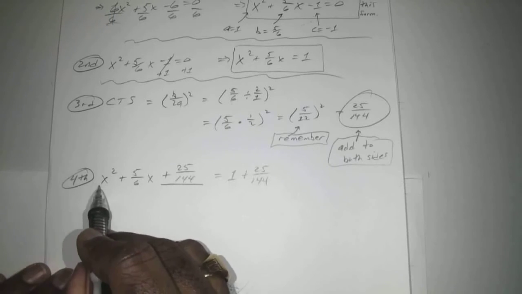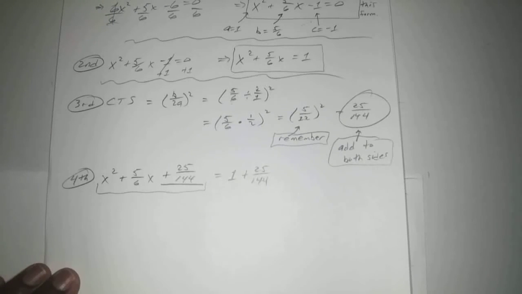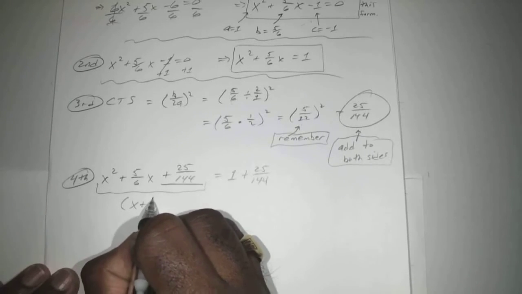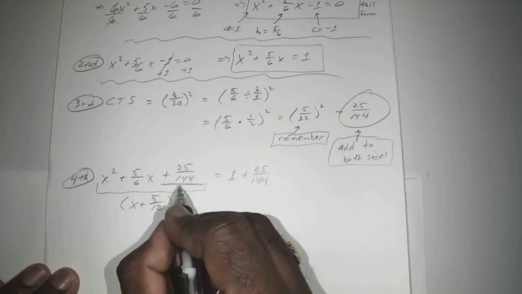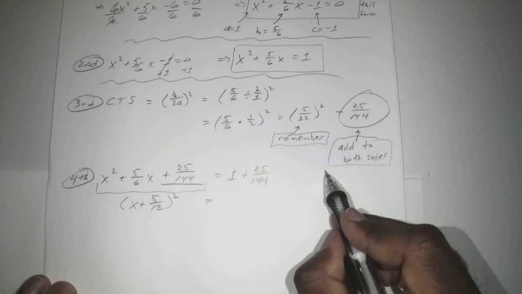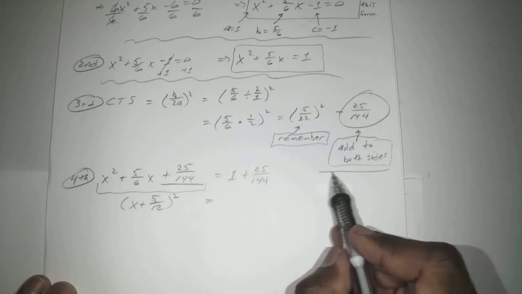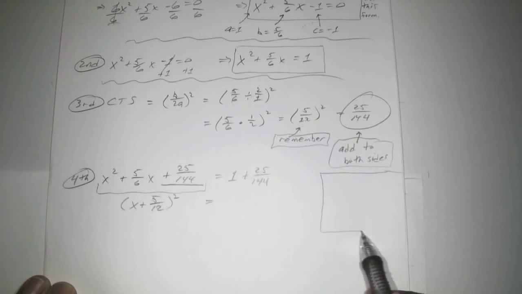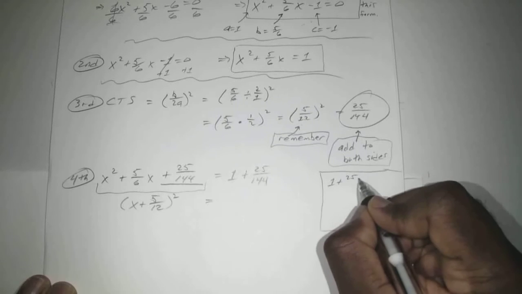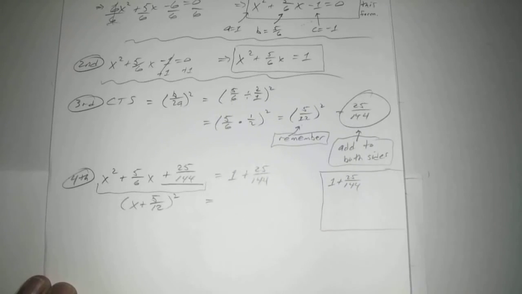And if you did everything right and you remember that value, this just becomes x plus 5 over 12 squared equals, and we'll solve that on the side, 1 plus 25 over 144.